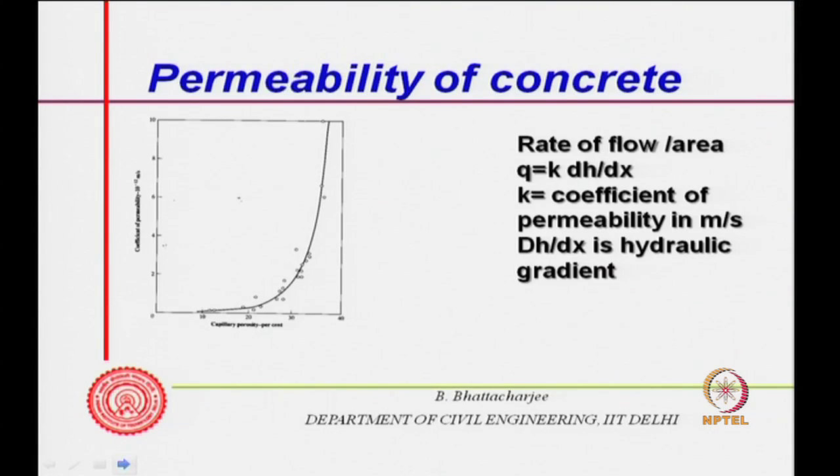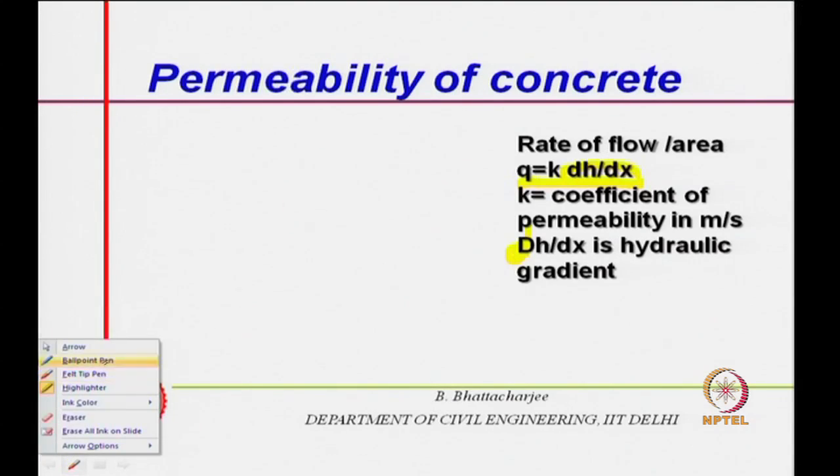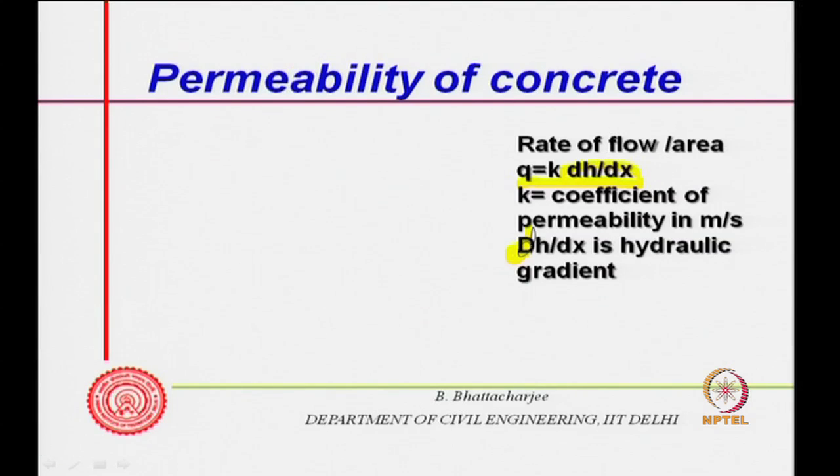The rate of flow per unit area under steady state condition, for unit hydraulic gradient, we call permeability. So, K is the coefficient, with dh/dx the hydraulic gradient. The flow takes place because there is a hydraulic gradient existing.